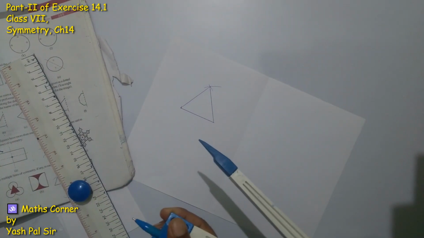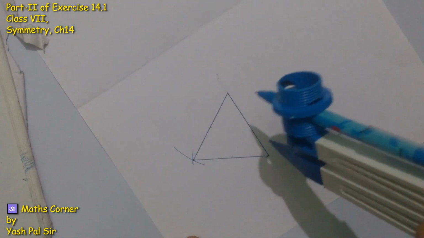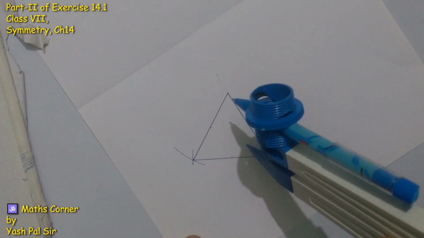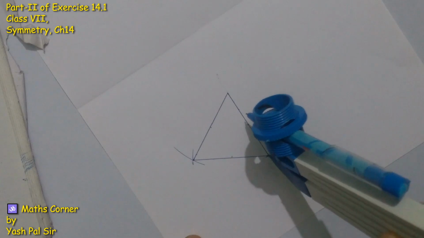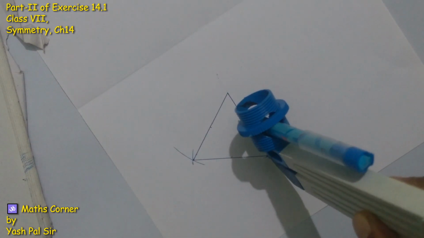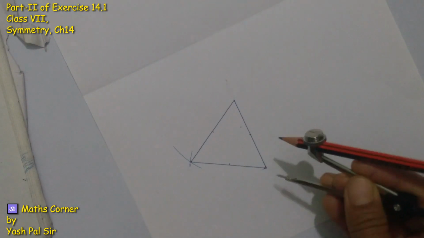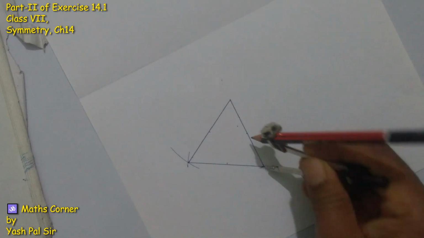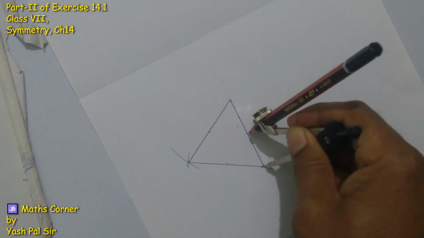Now circles. From the midpoints, we are going to draw the circles like this. Up to midpoint, this is the radius of the circle.